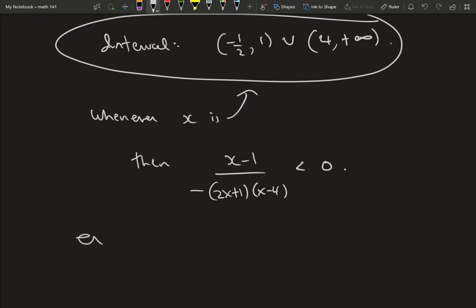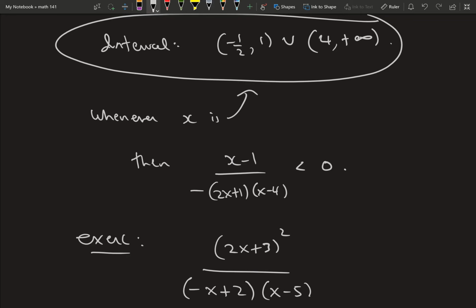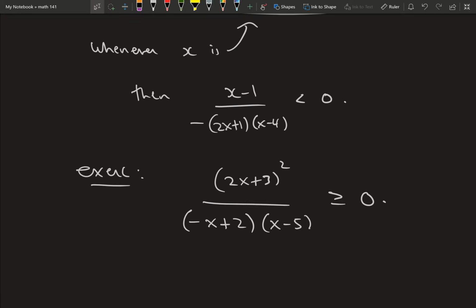Okay, let me leave you here with an exercise. So try 2x plus 3 squared divided by -x plus 2 times x minus 5. And we want this thing to be greater than or equal to 0. So it's already factored.